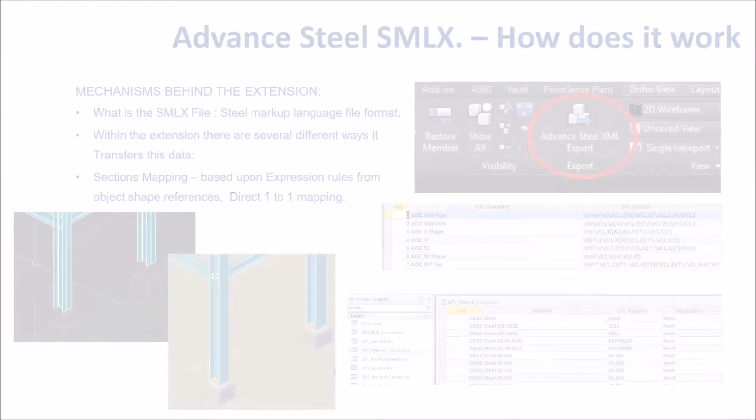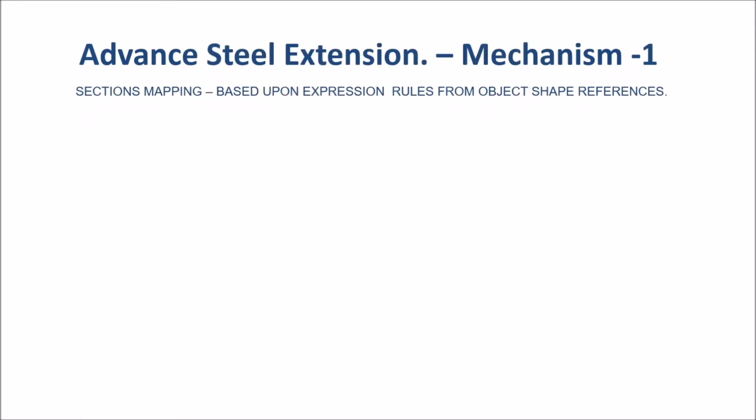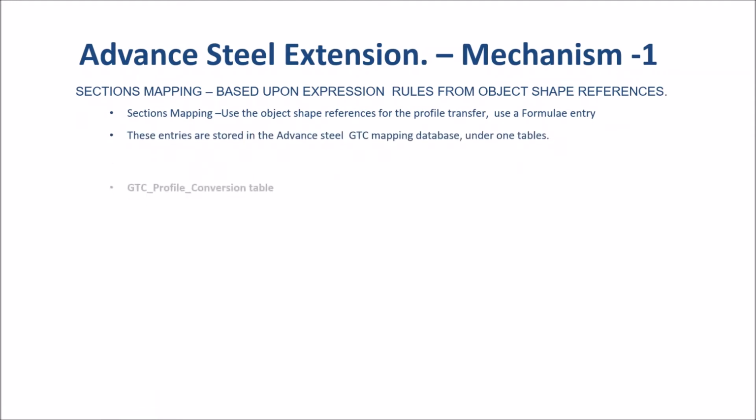So a little bit more into that, trying to explain what's going on. I tried to break it down into two or three slides here. Basically, it's rules for objects, the shape that's behind them.